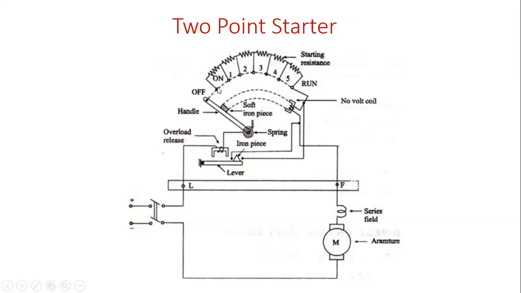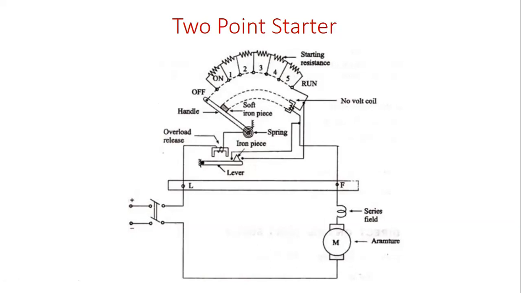Now when this handle is in the off position, there is no flow of current because the circuit is not closed. When I move this handle from the off position to the on position, what happens?